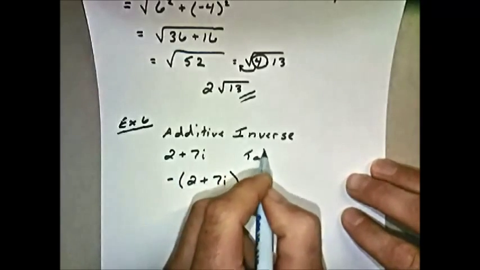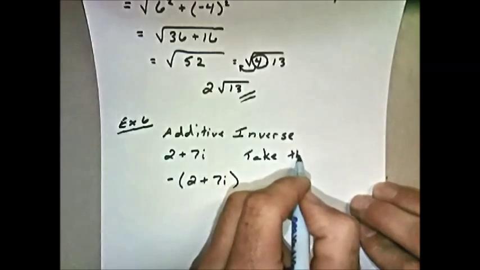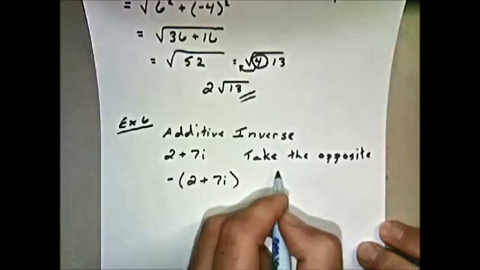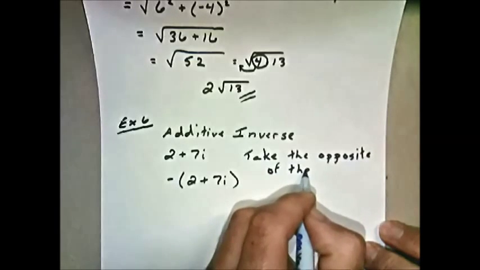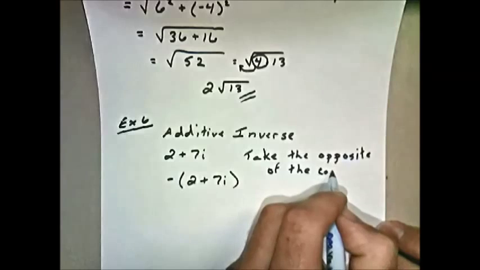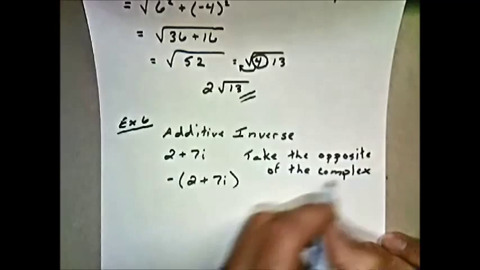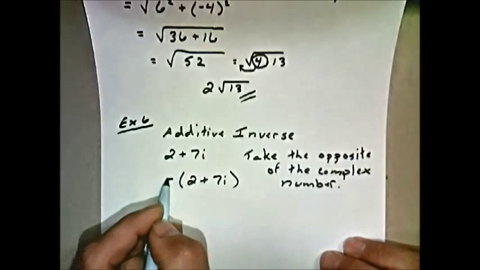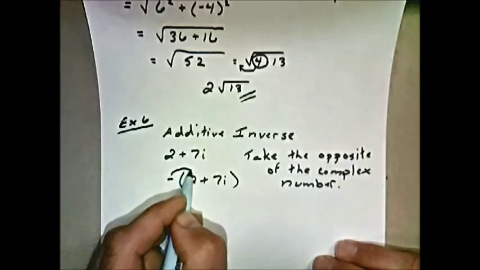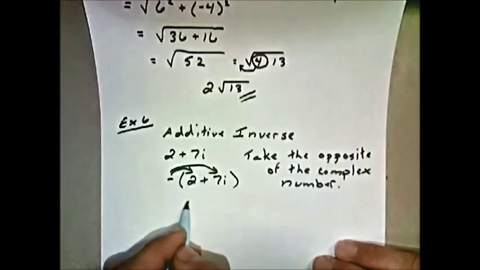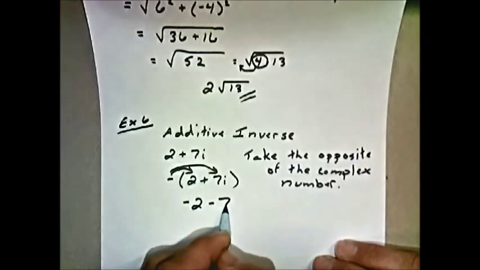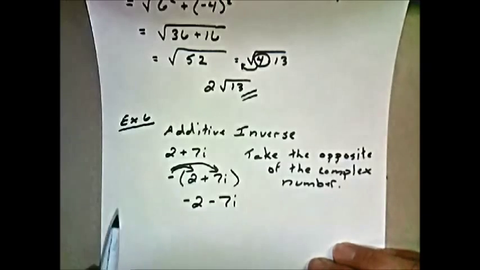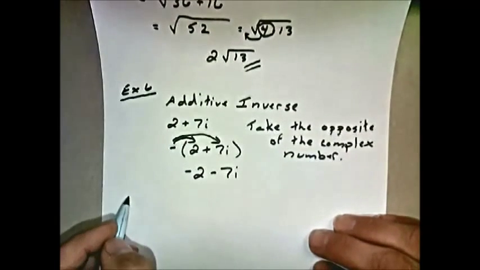So take the opposite of the complex number. We can simplify this by multiplying the negative through, so we end up with negative 2 minus 7i. And that's our final answer for the additive inverse.